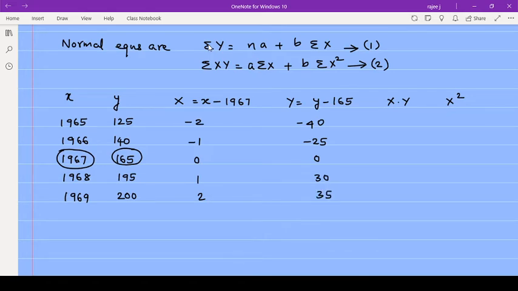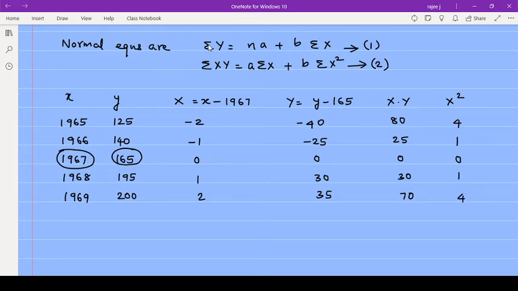Then X into Y: 40 into 2 is 80 positive, here 25, here 0, 30 and 70. And now X square: 4, 1, 0, 1, 4.